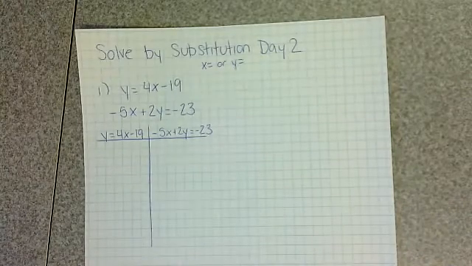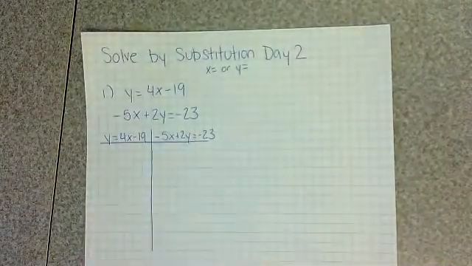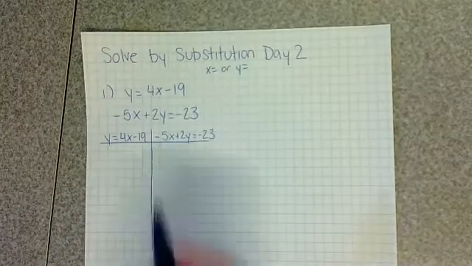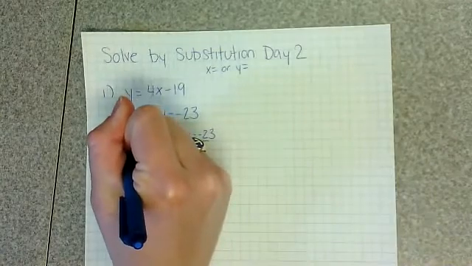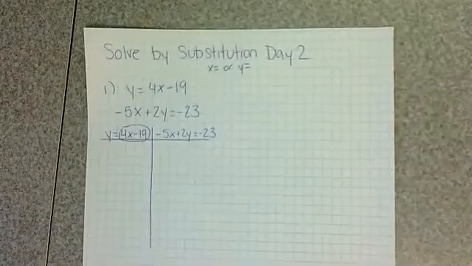Okay, I like staying consistent and just always putting that y equals equation first. I like that a lot of you circle your x equals or y equals equation. So I'm going to circle the y equals equation.